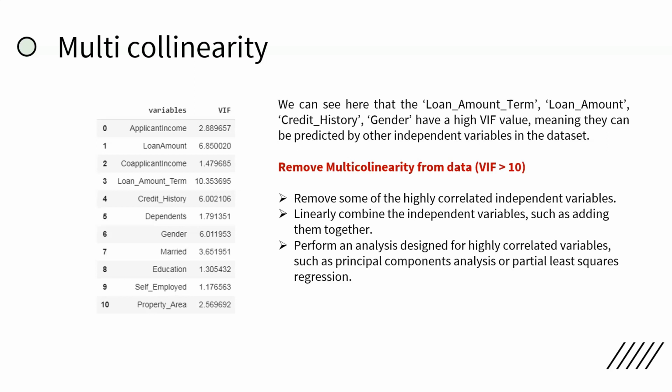Those are techniques you can adopt, but the ones that I have found best are to remove them, take a call and remove them, or add them together. These two have worked very well. So what is the primary action you will take if there is multicollinearity? If VIF is greater than 10, remove them. This is a key thing.